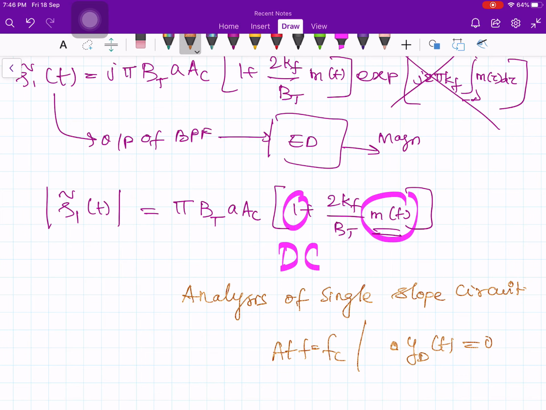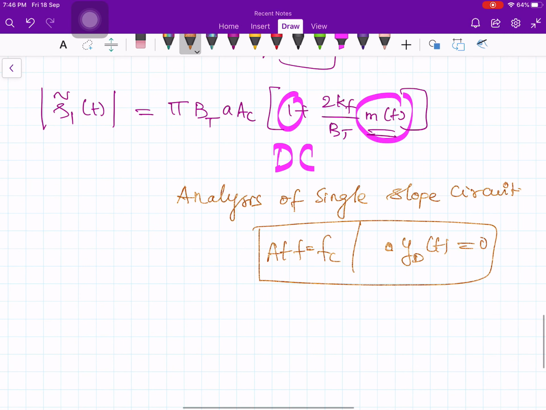The circuit which gives this kind of condition is called a balanced demodulator. So the purpose of the balanced discriminator is that its output should be equal to 0 when the frequency f equals fc, so that the zero or DC response of the FM signal is maintained.